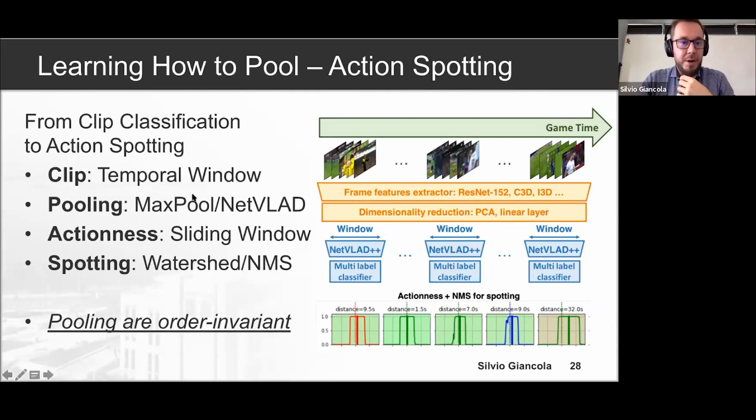You have a pooling approach that pools among those specific windows, either learnable or non-learnable. You consider that actionness with these sliding windows, from which you extract the spotting using watershed or non-maximum suppression. Now, one important thing I was mentioning before is that pooling is order invariant.